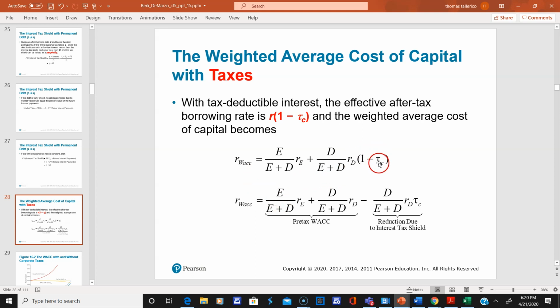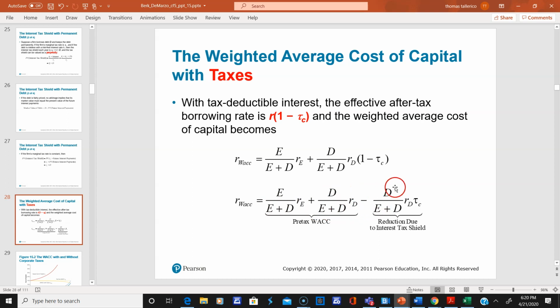If you break this down and solve it, you'll have the pre-tax weighted average cost of capital here, because we've got this with an RD. Notice this is all pre-tax.